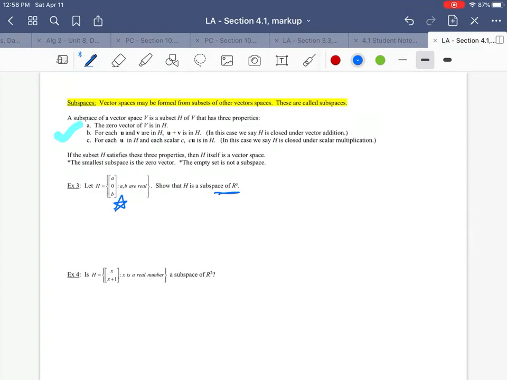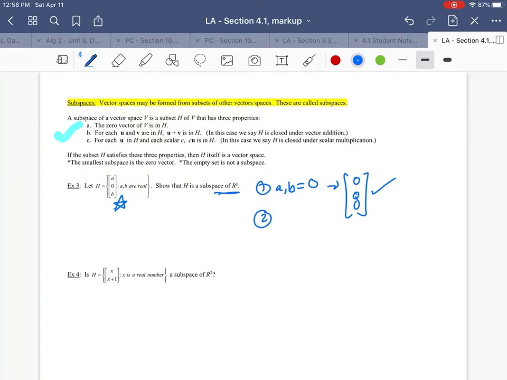Step 1: is a 0 vector in there? If I let A and B equal 0, do I get a vector in R3? I get 0, 0, 0. So that's fine. That means a 0 vector is in my R3 subspace.